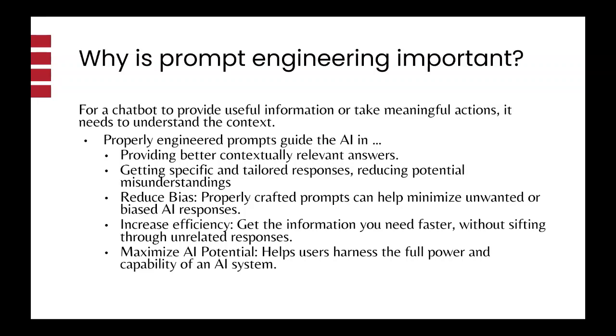We can minimize the chances of AI providing unwanted or biased responses. And it also boosts efficiency. Instead of getting bogged down with irrelevant information, users can get straight to the point and receive the information they need. And finally, it helps maximize AI potential, right?